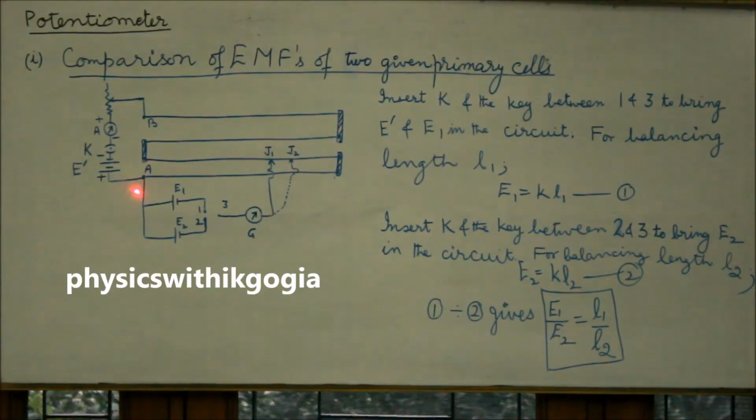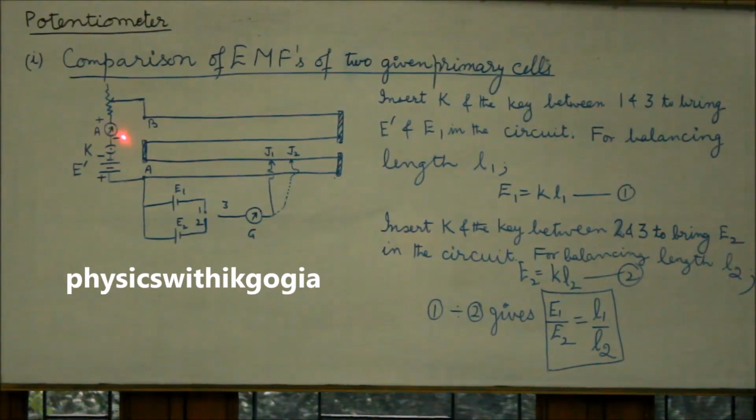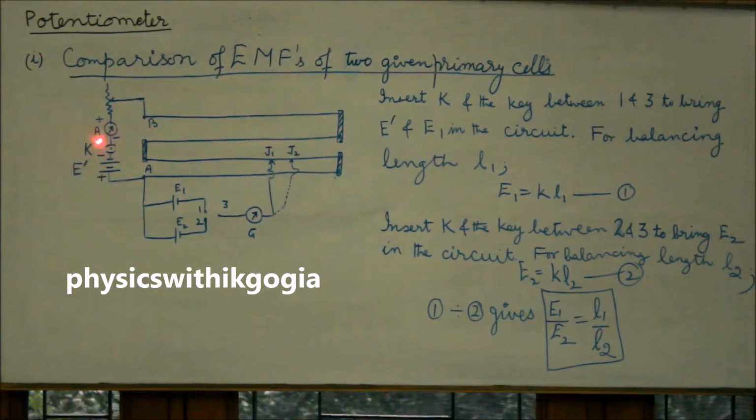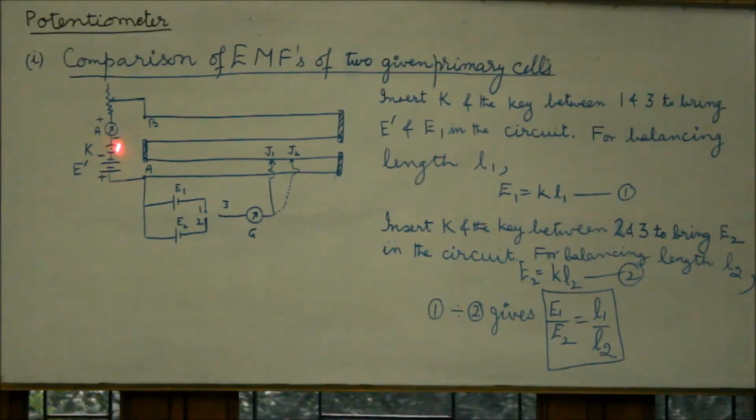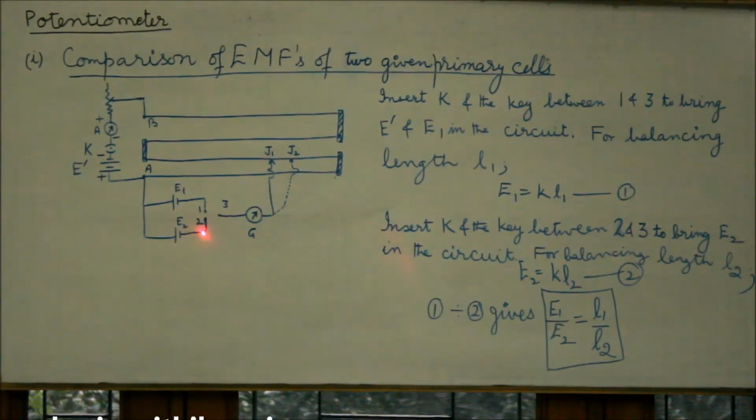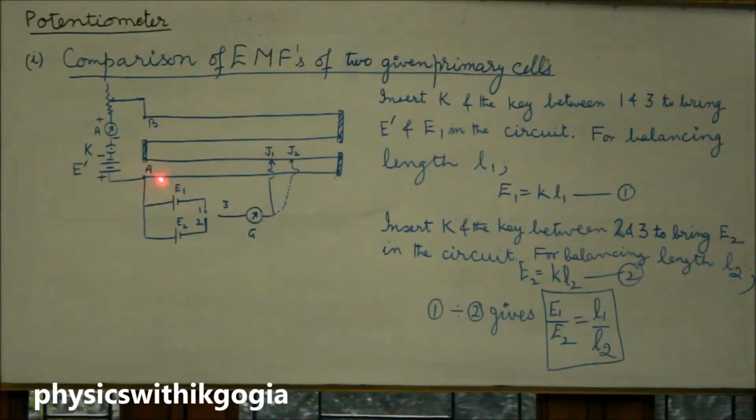This 0 centimeter end is connected to a battery of EMF, say E dash, a key, an ammeter, and a rheostat. The function of the ammeter is to keep a check on the current, because the potentiometer principle requires the current to be maintained constant. The cells with EMF E1 and E2 to be compared are connected here.